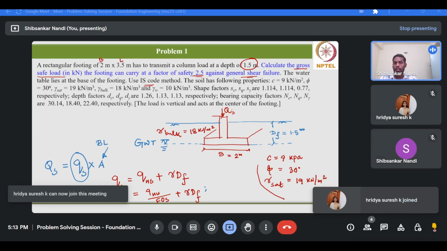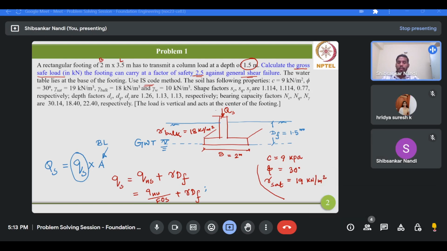As we discussed earlier. In this case, since this soil mass is cohesive frictional, because it has both components non-zero, 9 and 30 degree, the mode of shear failure will depend on the stress strain characteristics of the soil mass.